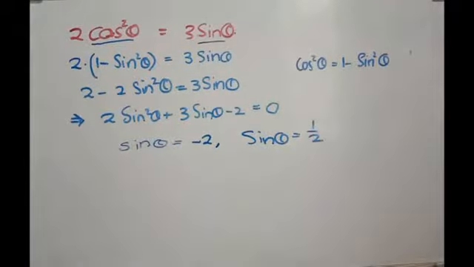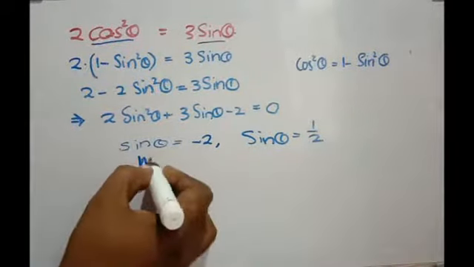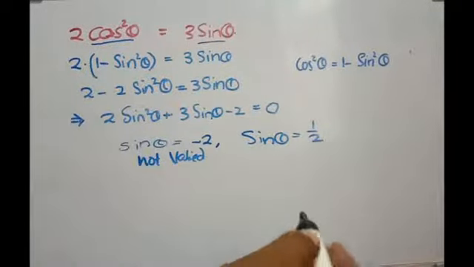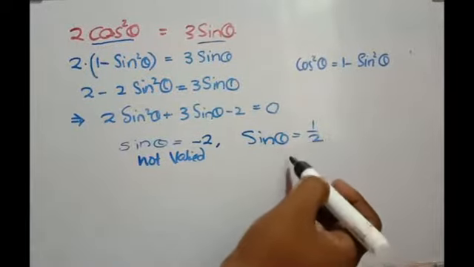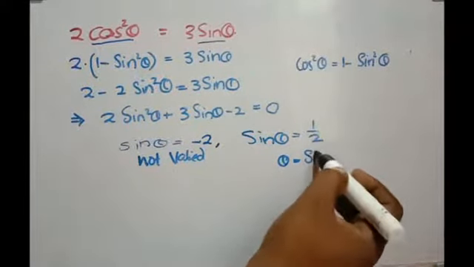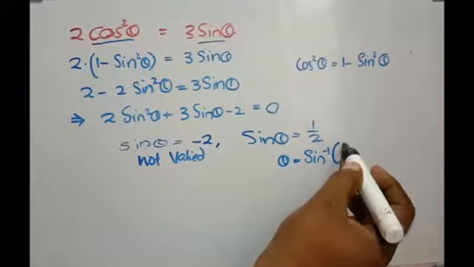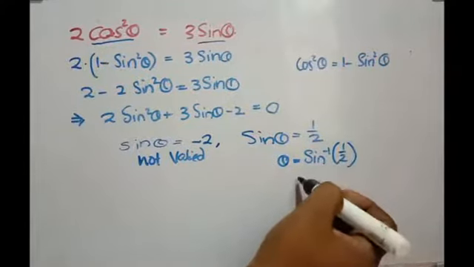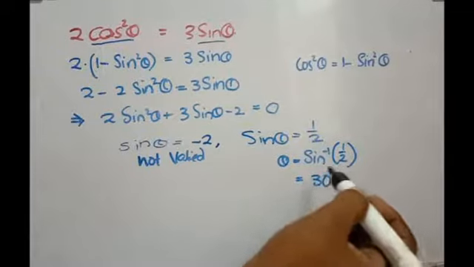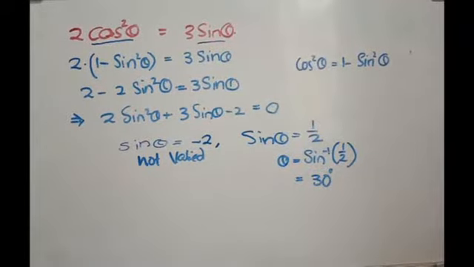So this is not valid. So we can take sine theta is 1 by 2, or theta is sine inverse 1 by 2, which is equal to 30 degrees. So the first value of theta is 30 degrees.